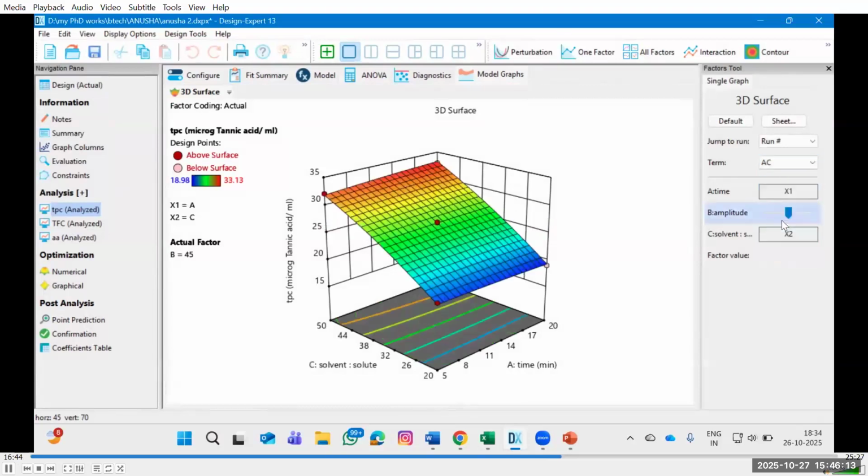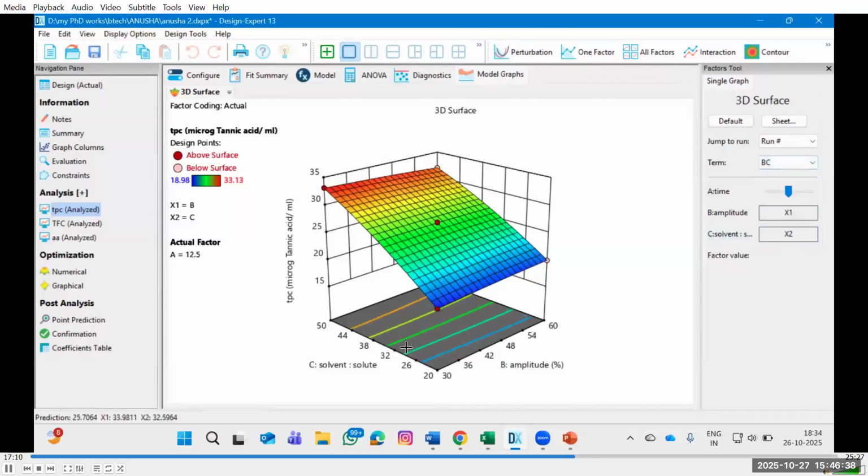Here you can see in that model graph that as the time increases, the TPC is not much affected. But while the solvent to solute ratio increases, it is affected more.